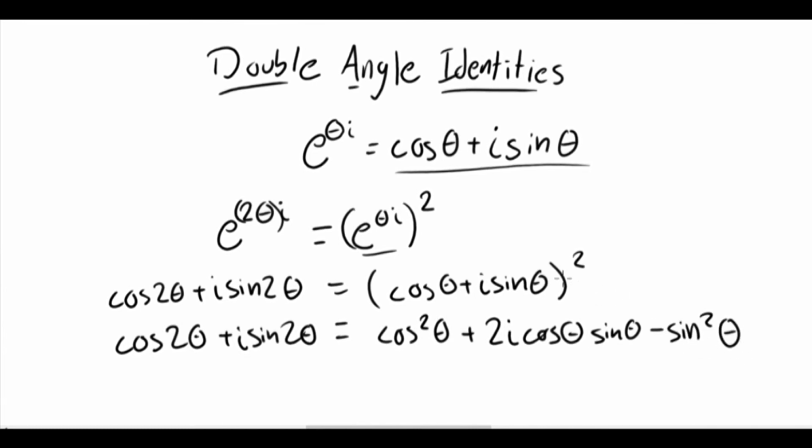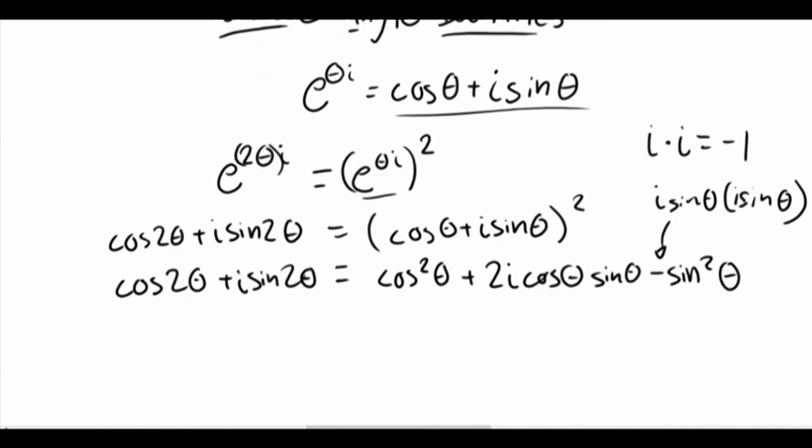We need to be careful that this is indeed a minus. That is because we have i sine theta multiplied by i sine theta, and i times i yields negative 1. So that's why we have the minus sign in front there.